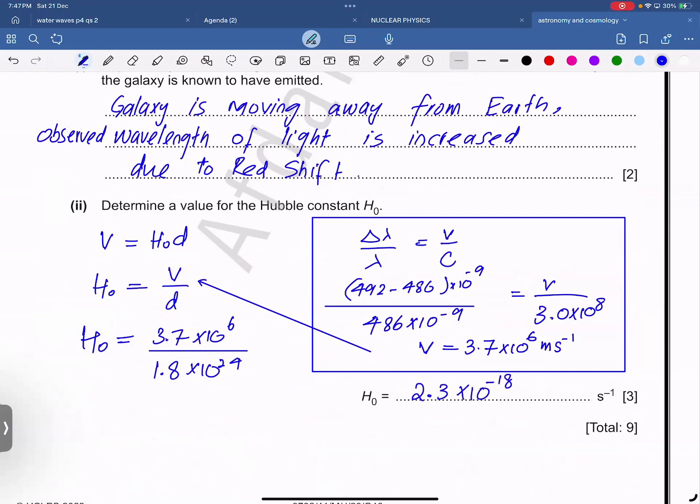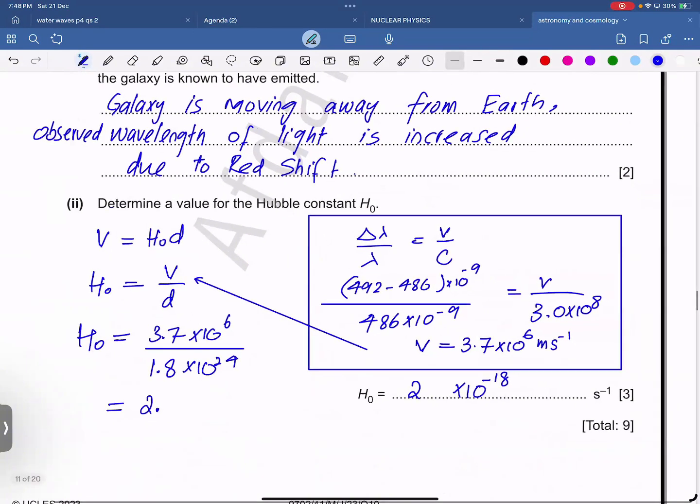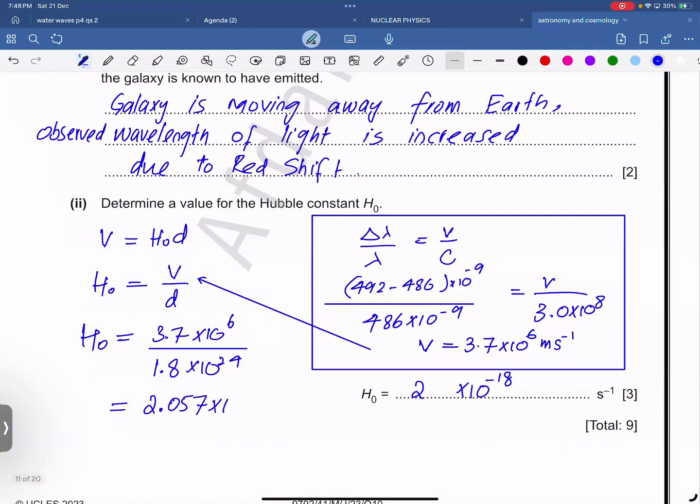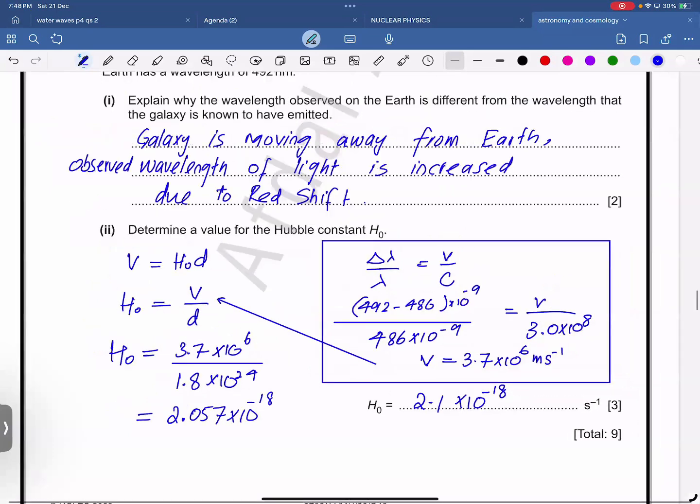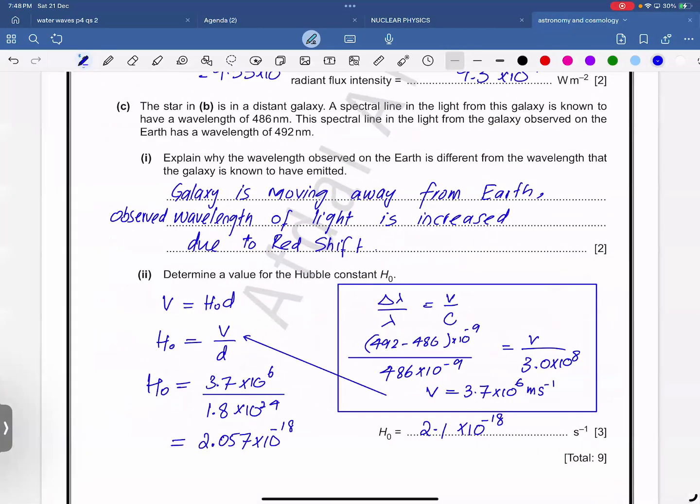Is it? 2.1. What came? Did you round the previous answer? Let's write 2.1 then. Okay, you have to write according to the calculations. Make sense, my dear students? Copy this.